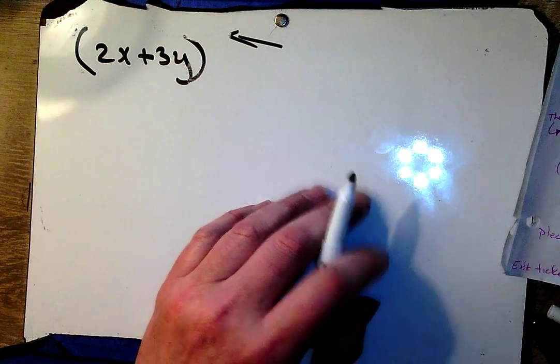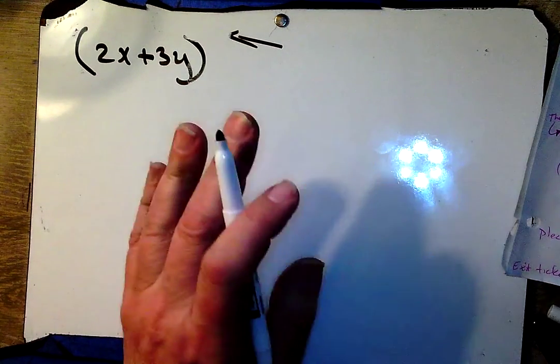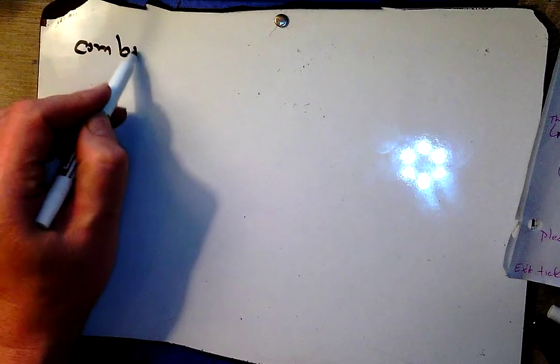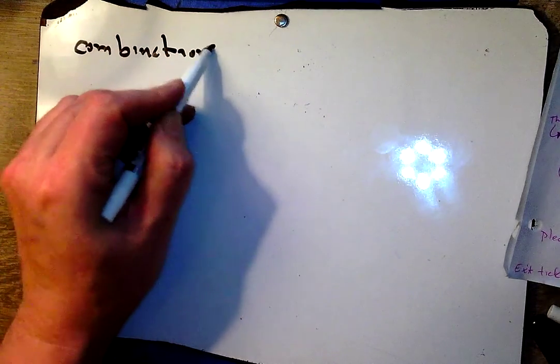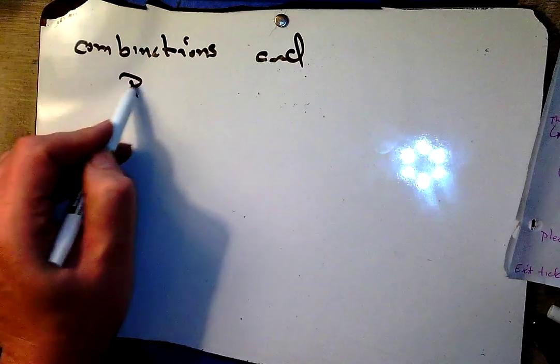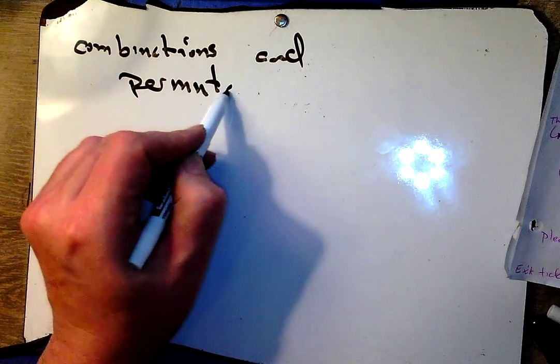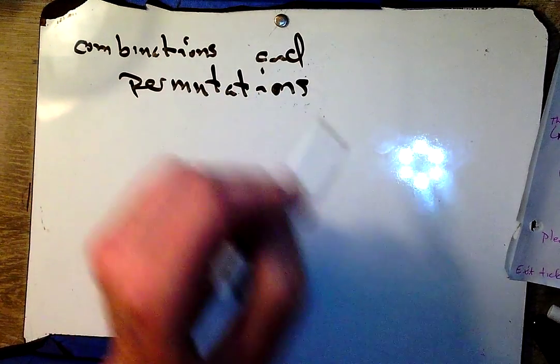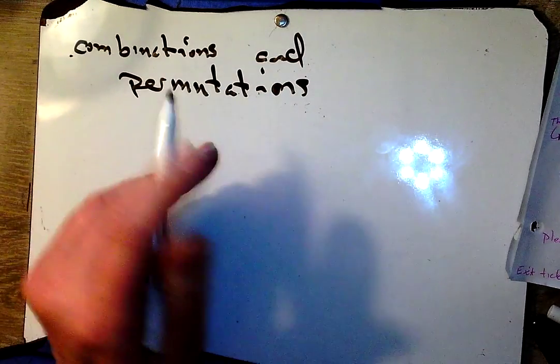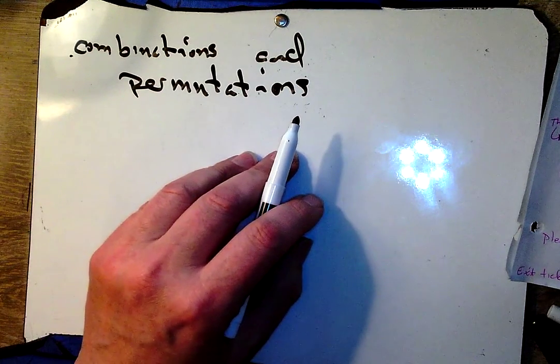So, I want to actually take a little side trip for a minute. Combinations and permutations. Do you remember how a combination lock is really supposed to be a permutation lock?